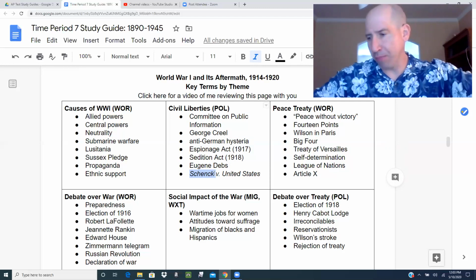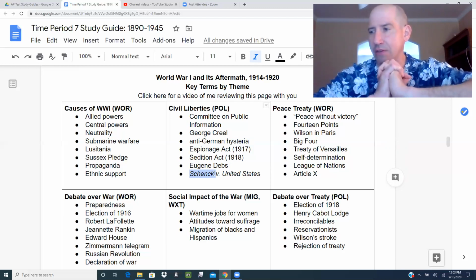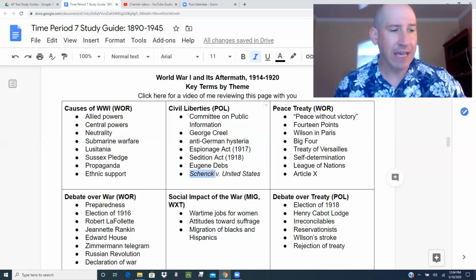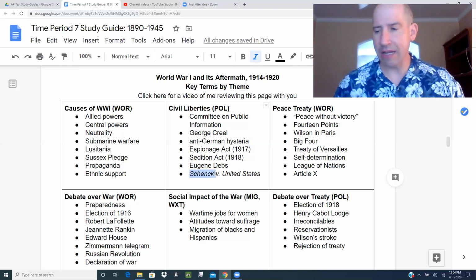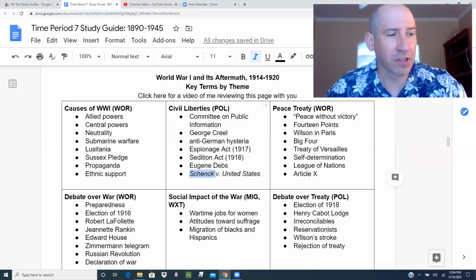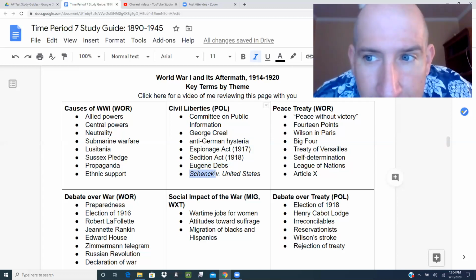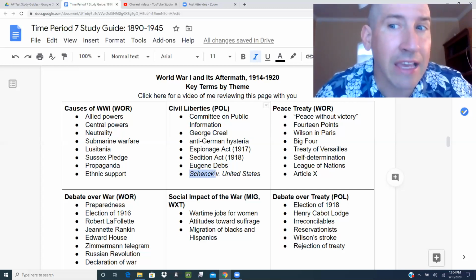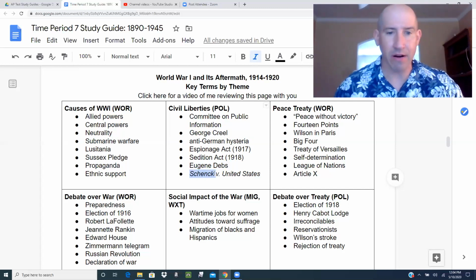His case was heard by the Supreme Court, as Schenck said that, you know, the draft violated the 13th Amendment and his free speech was also being violated. And that's, of course, where we got the Supreme Court to rule against Schenck, saying that utterances permitted in peacetime can be restricted during war if that speech presents a clear and present danger, like yelling fire in a movie theater. Very good.